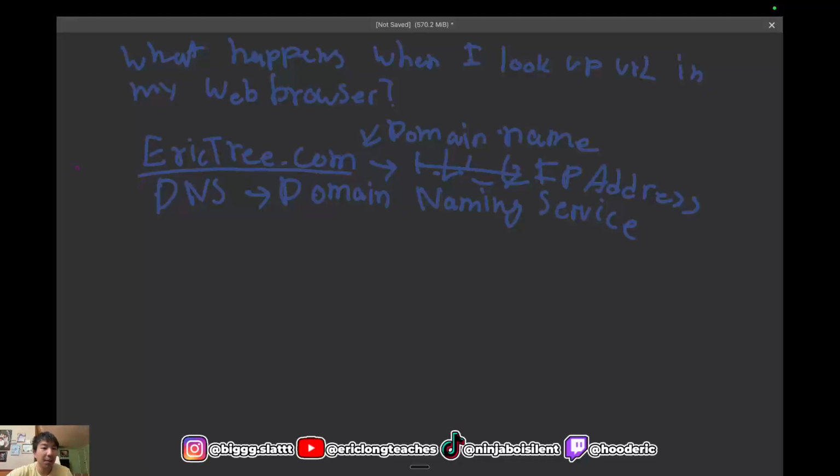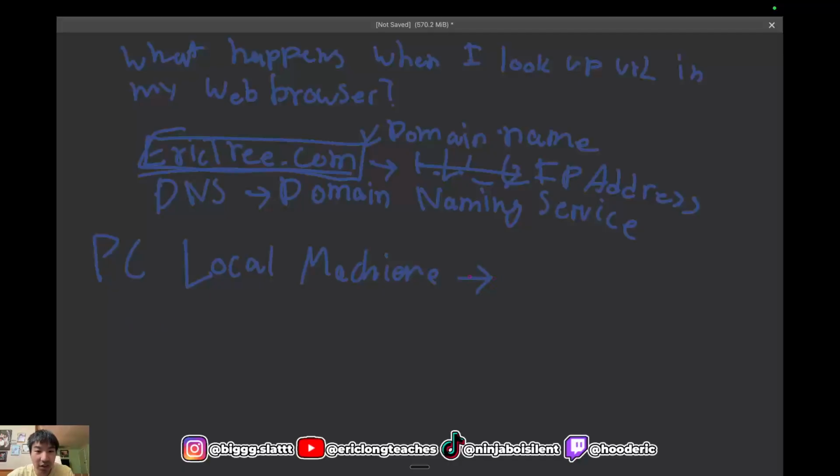But what actually happens after your address turns into an IP address? Your local machine, let's just say it's a PC, will send a request to the server.